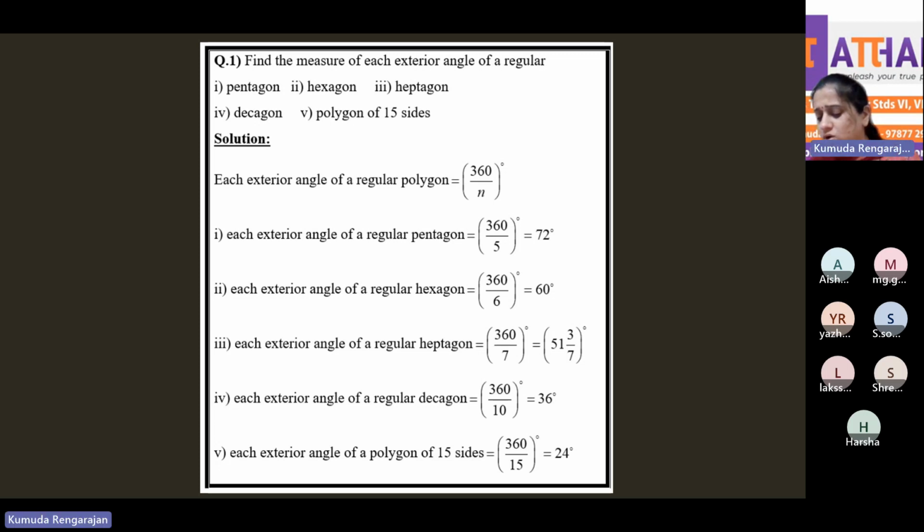Why for the last three have you not written the formula? Why did you divide 360 by 10? 0 and 0 get cancelled.